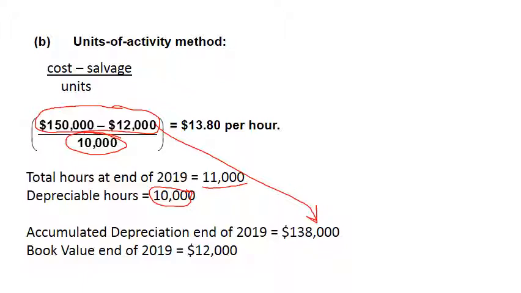And if I tell you that, then you can tell me the expense for 2019. The book value at the end of 2019 is going to be the salvage value, because if it's fully depreciated and we figured out the depreciation rate, assuming there's a $12,000 salvage value, the book value has to be the salvage value. Okay, that's it.